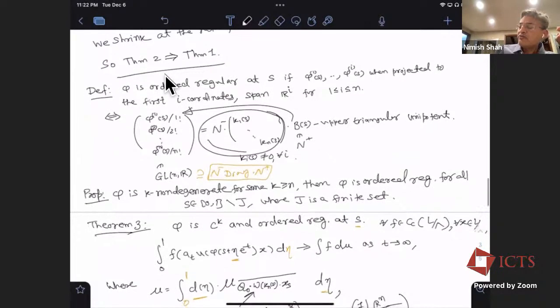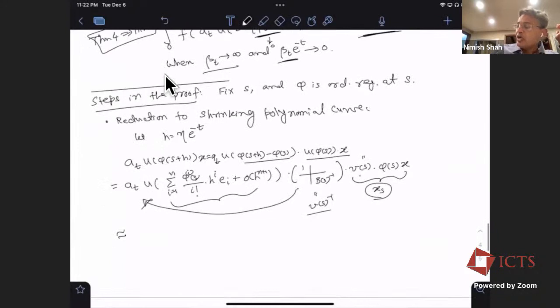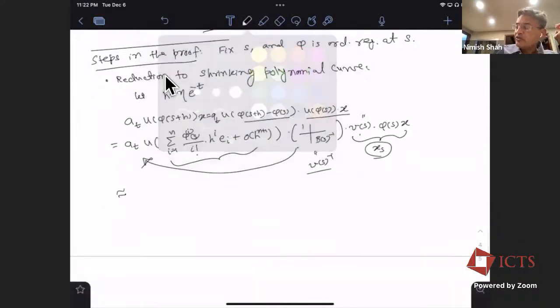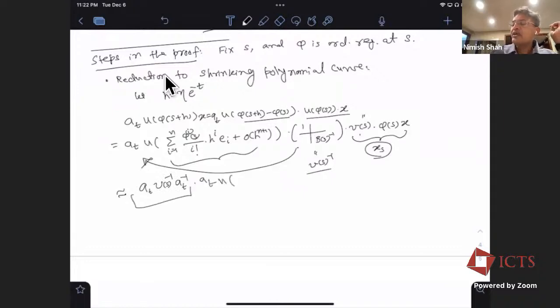Because it becomes a lower triangular matrix, you can write it as AT times V of S inverse, AT inverse times AT times U of Rs of H times some error, U of epsilon S of H times H to the power K, where K was a very large number.